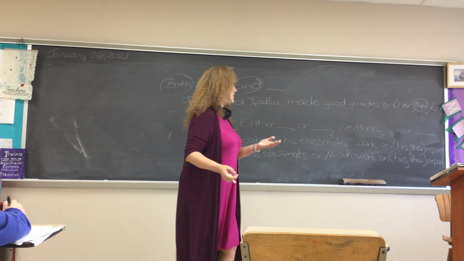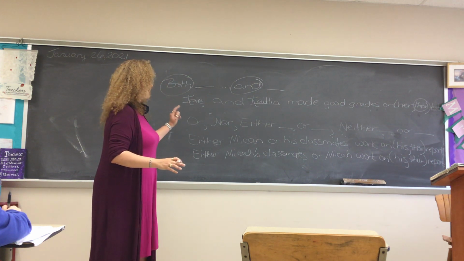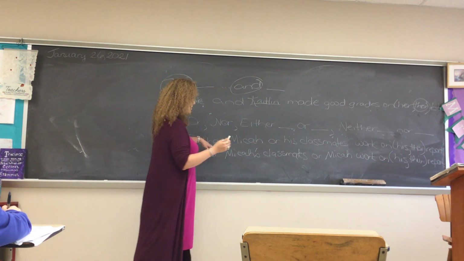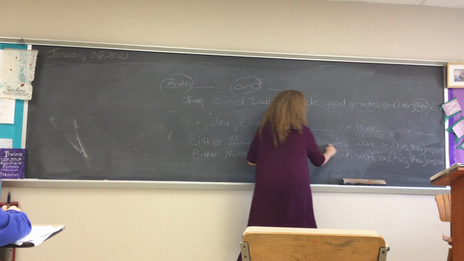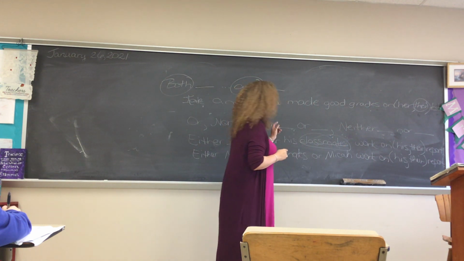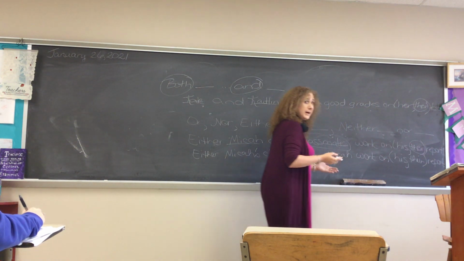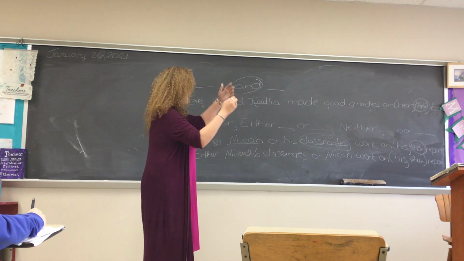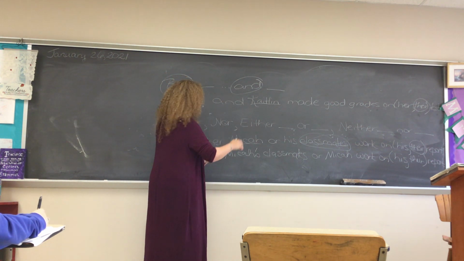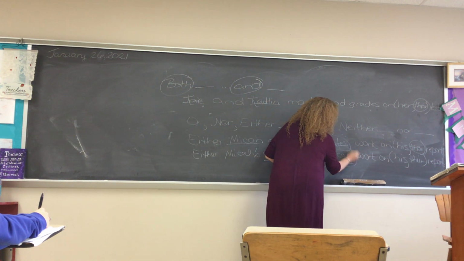All right? Same difference, not really, okay? It's either or, so we have to look at the antecedent that's closest to the pronoun. Classmates is plural. Either Micah or his classmates work on, right? But same words, completely same idea, but we've switched the order. Either Micah's classmates or Micah.